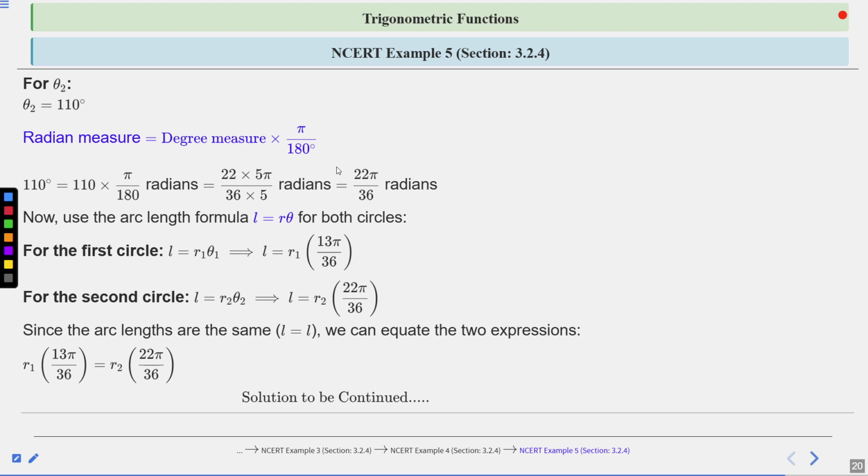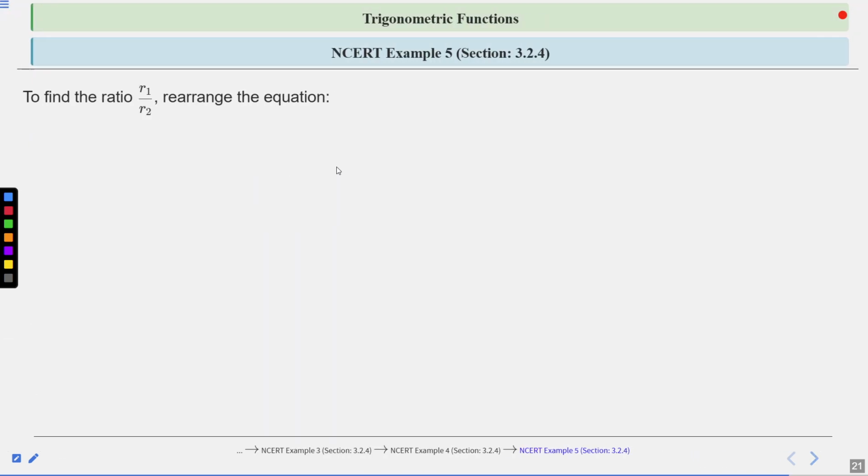Now solution continues. To find the ratio, meaning R1 by R2, you just have to rearrange the terms in the equation. So you will get R1 by R2 as 22 pi by 36 divided by 13 pi by 36. So R1 by R2 is simply, solving this expression, 22 pi by 36 times 36 by 13 pi, which gives me R1 by R2 as 22 by 13.